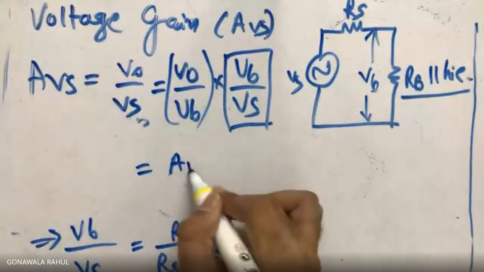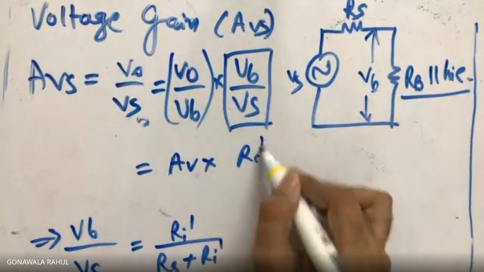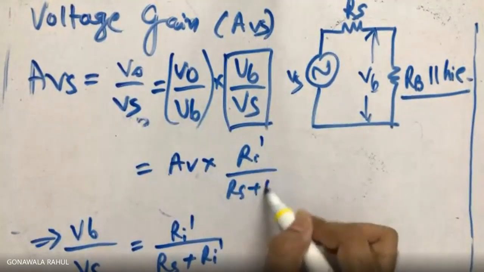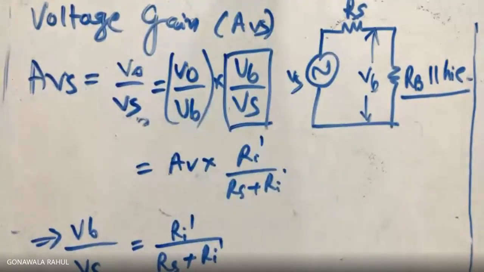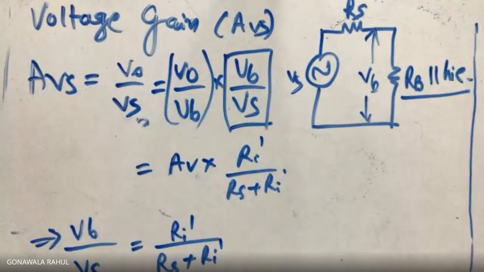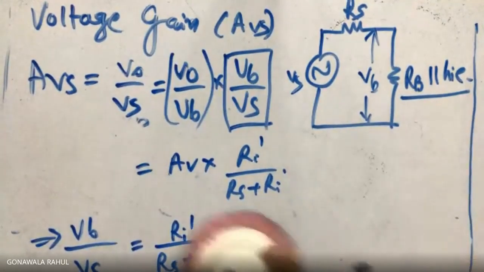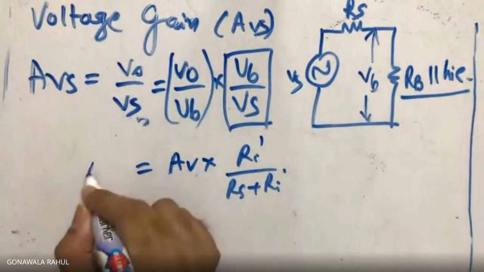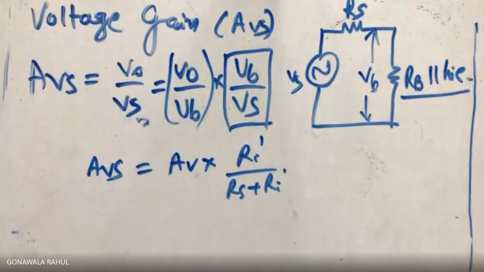So this is AV into Ri dash upon Rs plus Ri dash. Clear? So this is our equation of AVS, the voltage gain for the circuit.